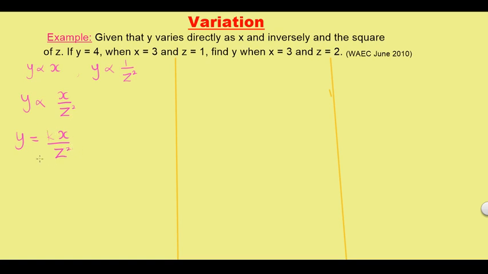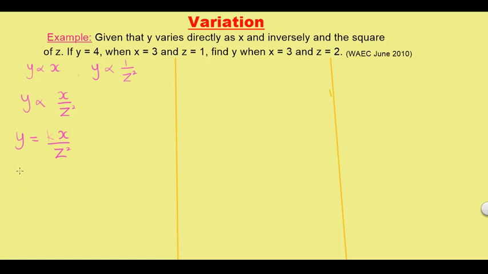So now we've been able to interpret this, given the condition that y is equal to 4 when x is equal to 3 and z is equal to 1. This first condition will help us determine the relationship between y, x, and z. By so doing, we will get a value for k. To do this, we begin to plug in the values.